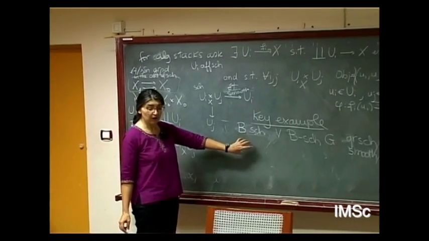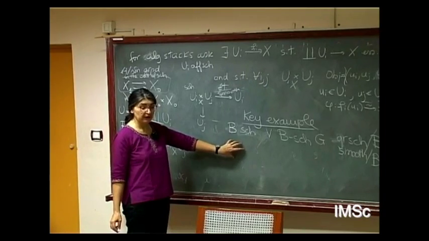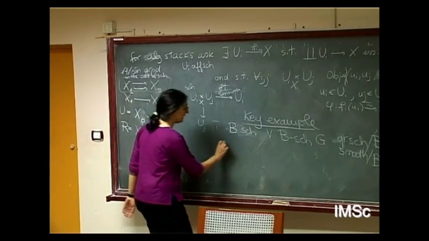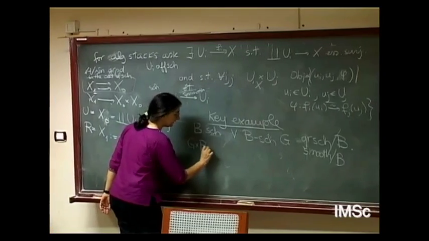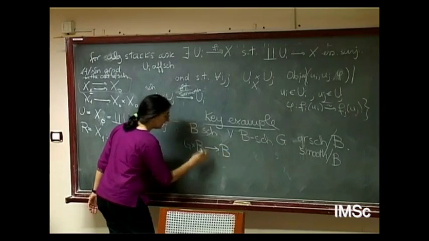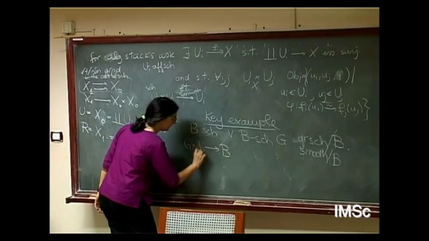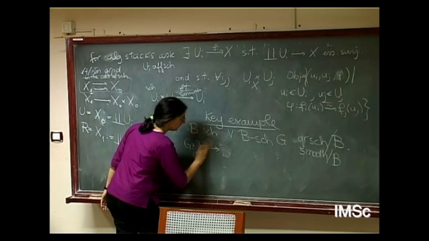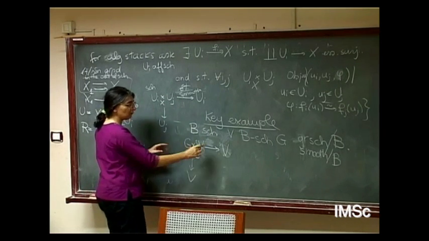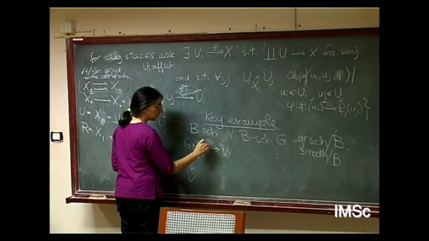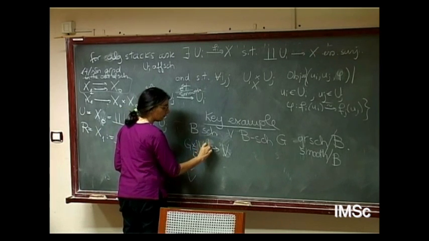Now in particular in this case, I can consider G cross over B with V. This has 2 maps to V. One is the action, and the other one is the second projection.